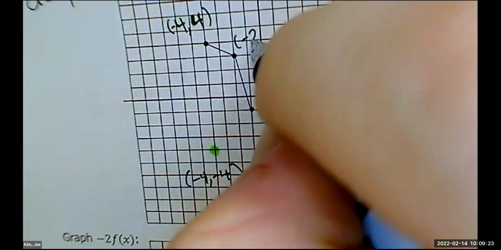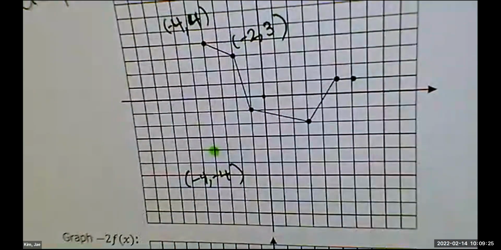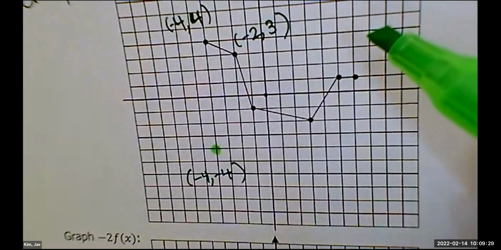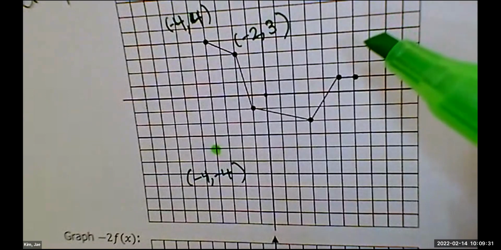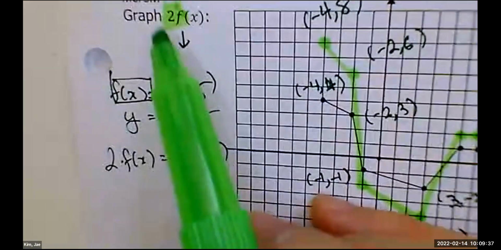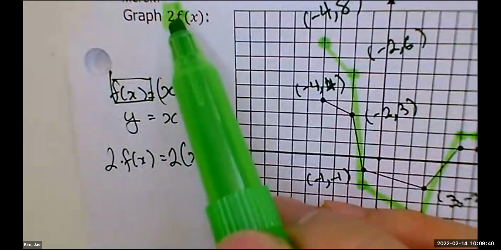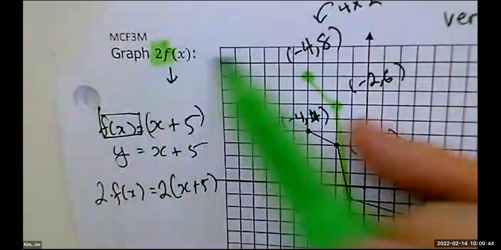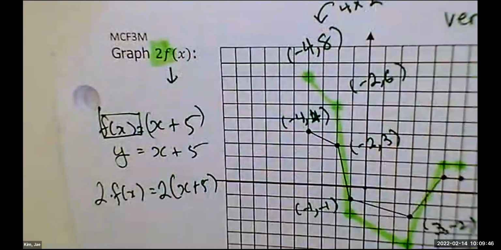Once again, this is -2, +3. If that 3 is multiplied by a -1. Okay. So remember, if you are multiplying something to the entire function, what you're doing is multiplying that number to the Y value.